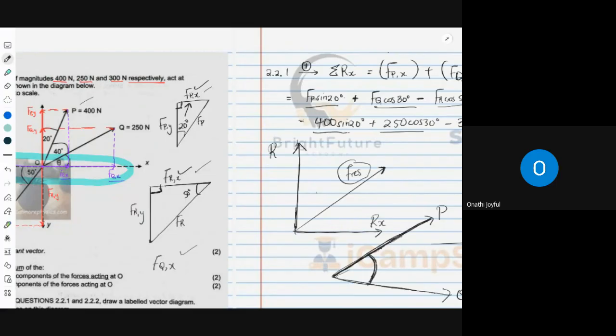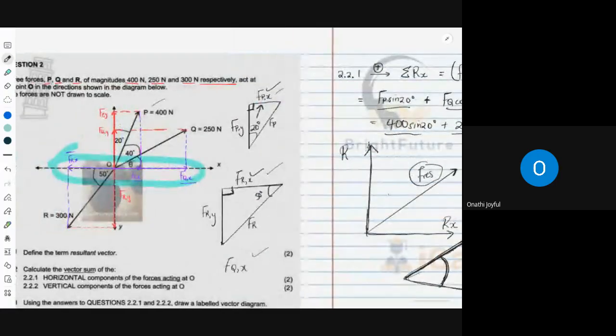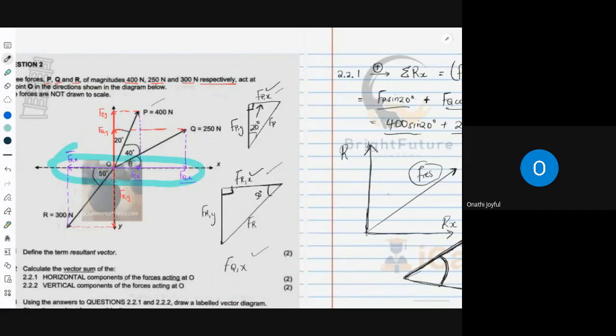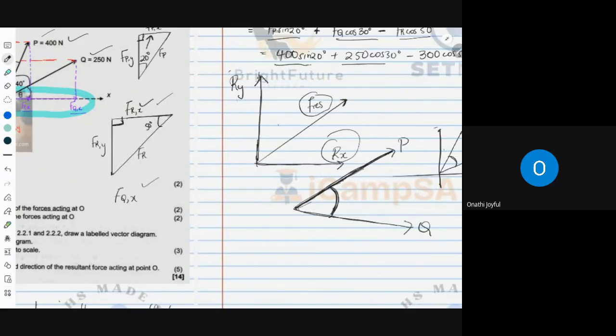Then we go back again and combine the y components of these individual vectors: the y component of P, of Q, and of R. They give us what we call Ry. So Ry is a representative of all these vectors combined, and it is also the vertical component of the resultant vector. From there, we can use Pythagoras by squaring these two and then finding the resultant vector.